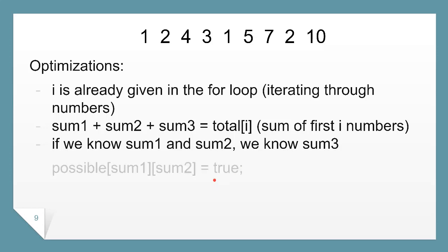So because of this, we can distill our scary 4D array down into a much less scary 2D array. So now we have possible of sum 1 and sum 2 equals true if this configuration is possible.